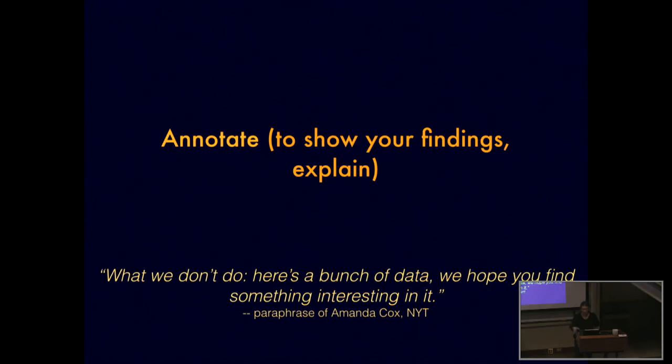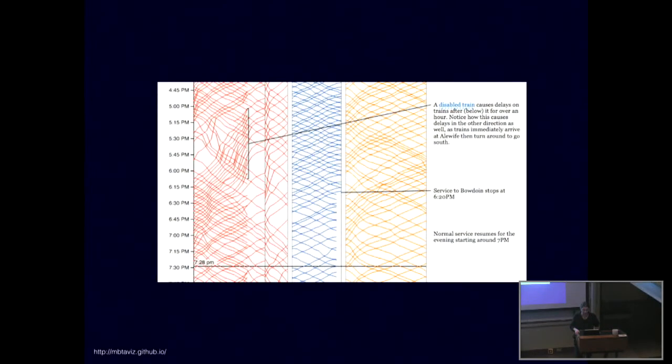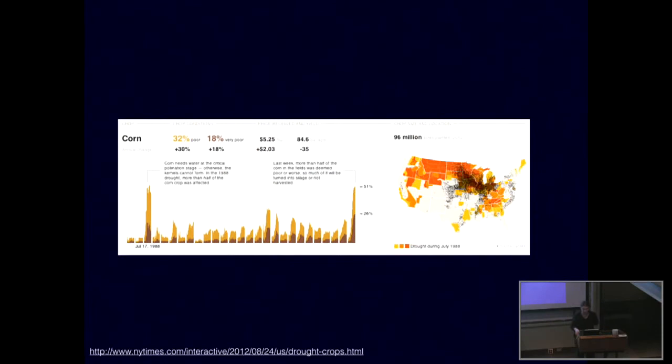So we've already seen a ton of examples of call-outs of interesting things in the data. This we just talked about, right? They labeled things that were interesting and explained what was going on. The New York Times does this all the time. So this is side-by-side map and data, and I believe these are linked too, but then like the extremes, they label the extremes with some kind of explanation, very common for them.